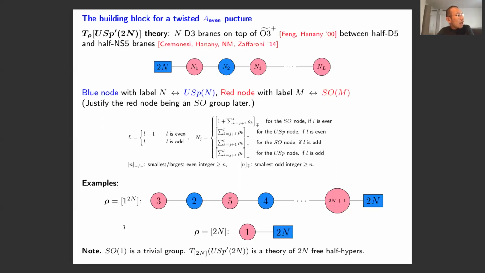And so if you have a maximal partition rho of 2N of this theory, it turns out to be this long chain alternating between SO3, USp2, SO5, USp4, and so on, okay? And for the special one, for rho equal to 2N, it turns out to be this SO1 with 2N, which means that this is a theory of 2N free half hypermultiplets, basically.